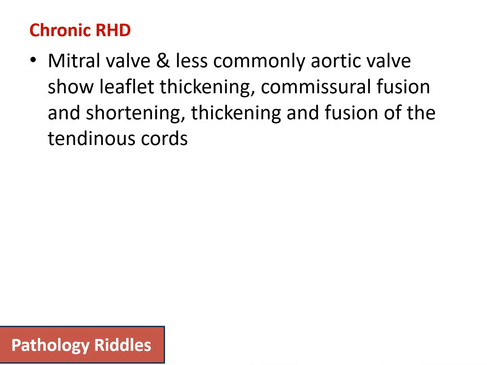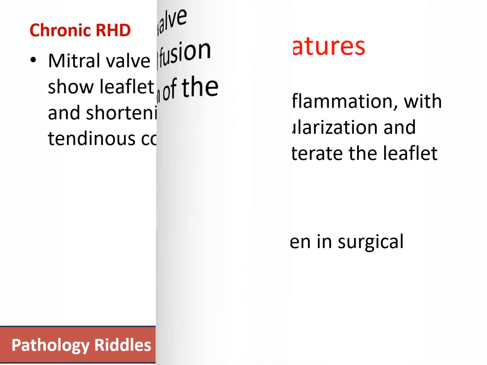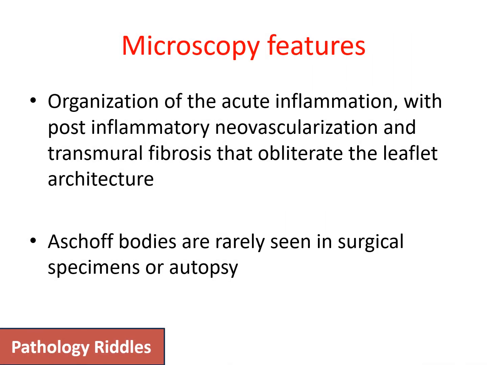Now coming to chronic rheumatic heart disease, this is an entity in which the mitral valve and less commonly the aortic valve show leaflet thickening. There is commissural fusion, shortening and thickening and fusion of the tendinous cords. Microscopically, there will be organization of acute inflammation. As already mentioned, neutrophils and macrophages come in.